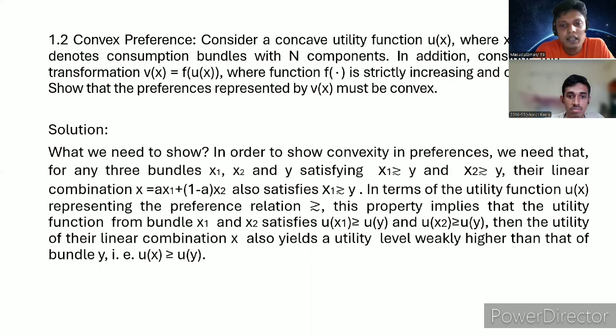In terms of the utility function u of x representing the preference relation, these properties imply that u of x1 is greater than or equal to u of y, and u of x2 is greater than or equal to u of y. That means the utility of the linear combination x yields a utility level weakly higher than that of bundle y. For example, we can say that u of x is greater than or equal to u of y.